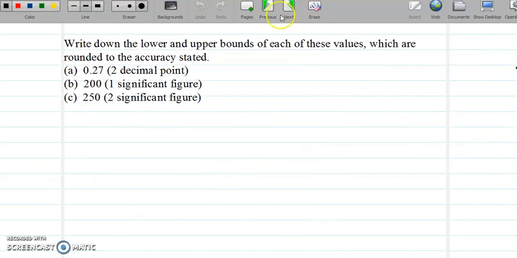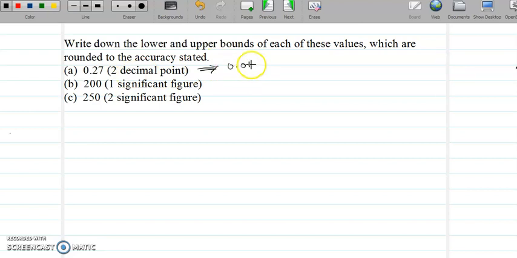Okay, now let's look at this question. It says write down the lower and upper bound of each of these values which are rounded to the accuracy stated. The accuracy is already stated. From here it says 0.27 to 2 decimal place. To 2 decimal place, the degree of accuracy is 0.01.